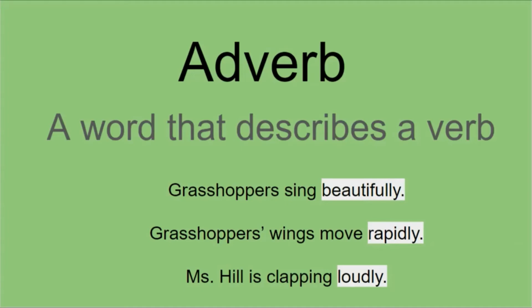Our adverb is rapidly. Rapidly describes how the grasshopper's wings move. Listen carefully. I'm going to clap, and I want you to clap along with me. As I'm clapping, I want you to think of adverbs that could describe how I'm clapping. Ready? Let's begin.